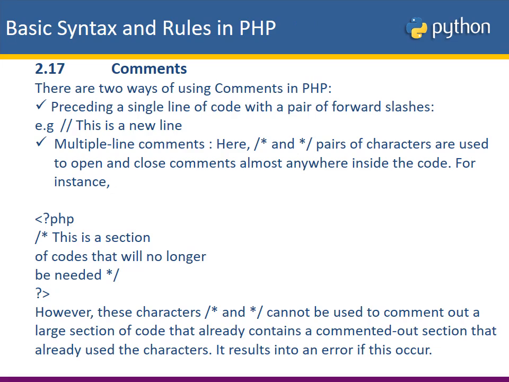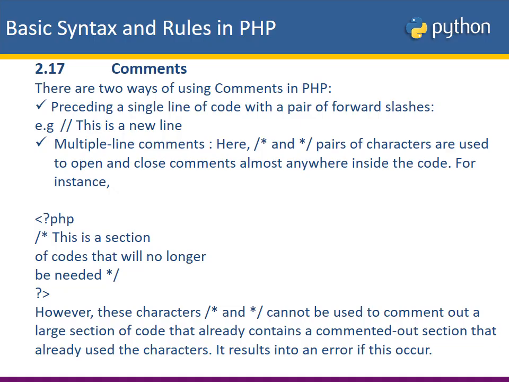Another thing we'll be looking at under the basic syntax and rules in PHP is the comment. PHP supports two ways of using comments. We have the single line comment and the multi-line comment.